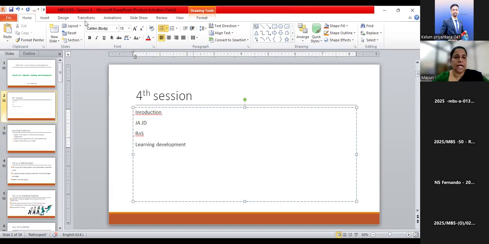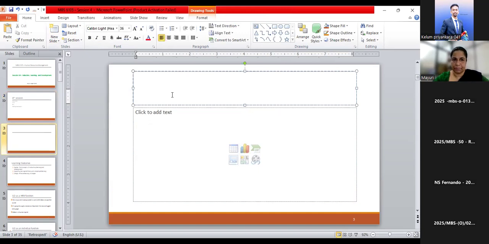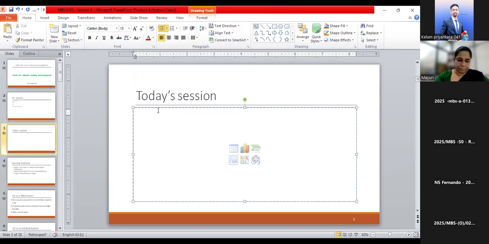In our lesson today, we are mainly trying to do three things. The first is the conceptual understanding of learning, development, training, the basic things. Then I'll be talking about some learning strategies.